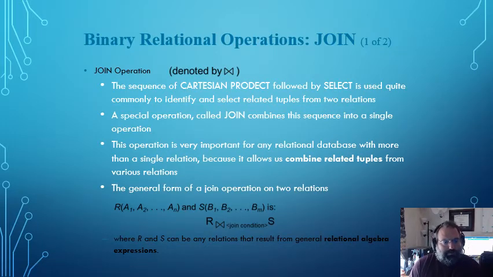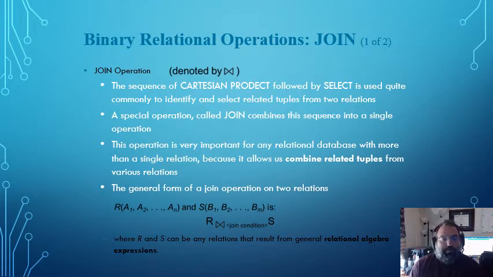The join operation is a sequence of Cartesian product followed by select, used quite commonly to identify and select related tuples from two relations. A special operation called a join combines the sequence into a single operation. This operation is very important for any relational database with more than a single relation because it allows us to combine related tuples from various relations.